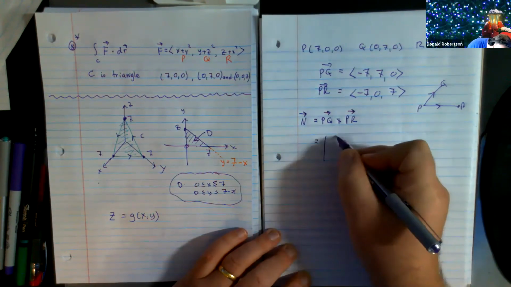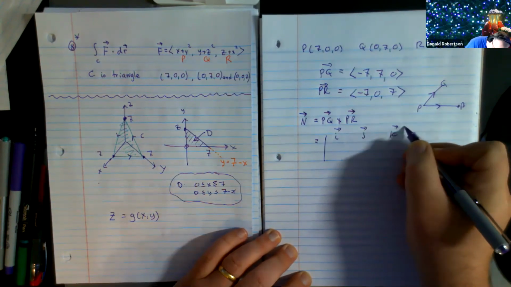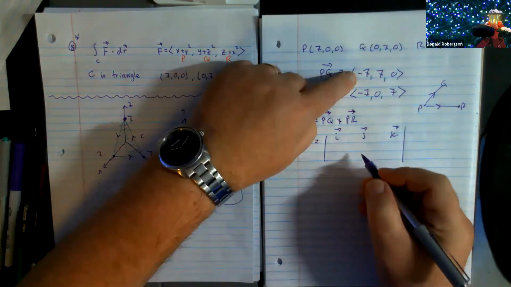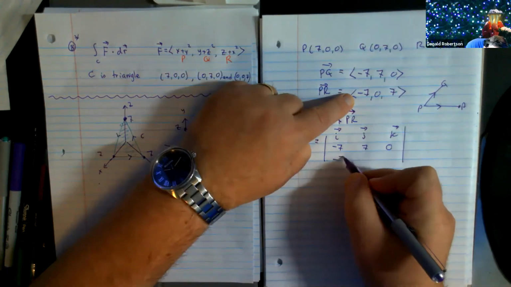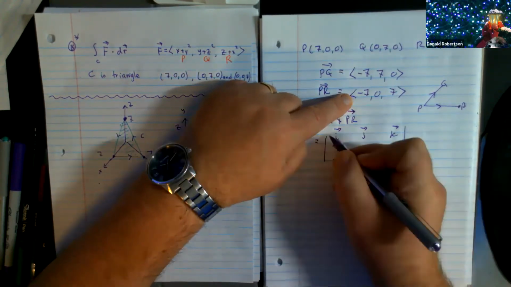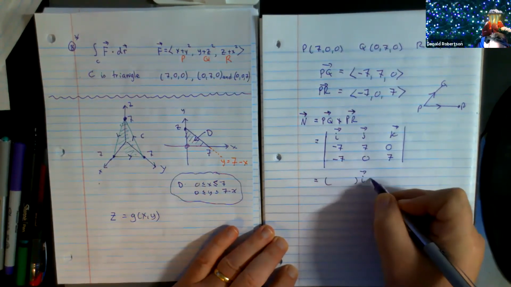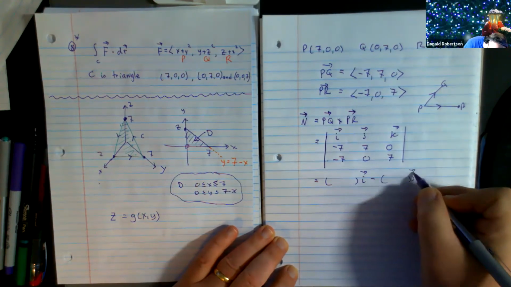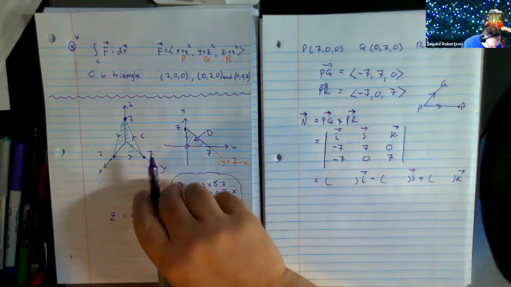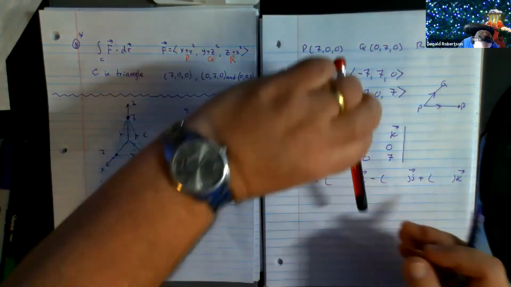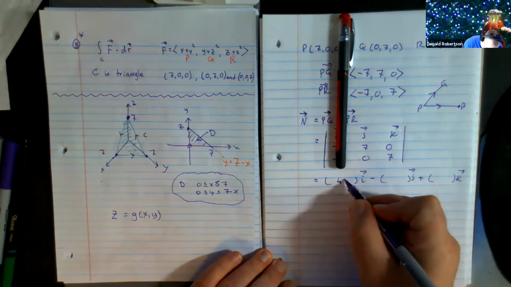And the cross product, we've used that in other situations, but in this situation, it's all done with numbers. -7, 7, 0 and -7, 0, 7. And the cross product is so many i's, take away so many j's, plus so many k's. So here goes. If you cover that guy up, you get 49 take away 0.